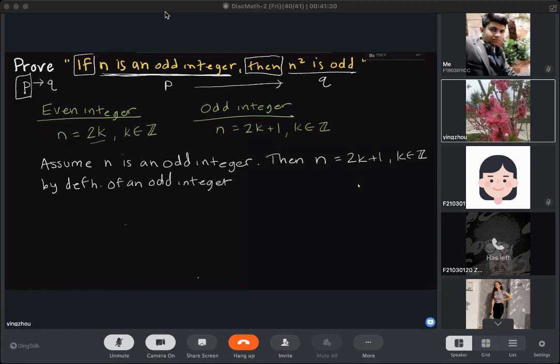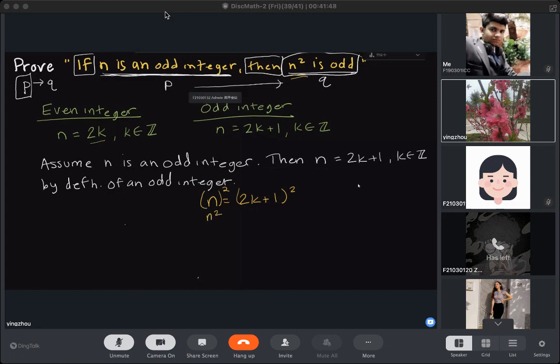So from there, I'm going to say, where am I trying to get to? I'm trying to say n squared is odd. So if n is 2k plus 1, then I'm going to square each side because I'm trying to get to n squared.